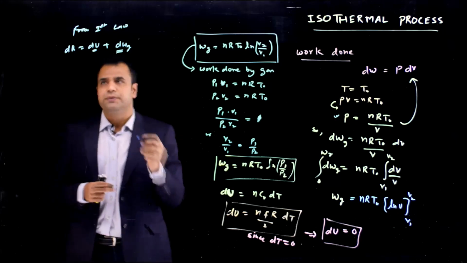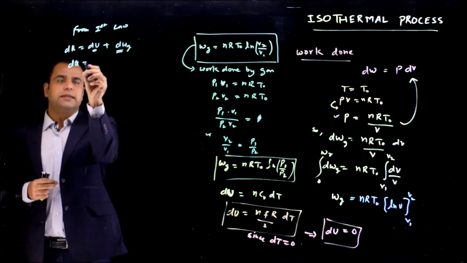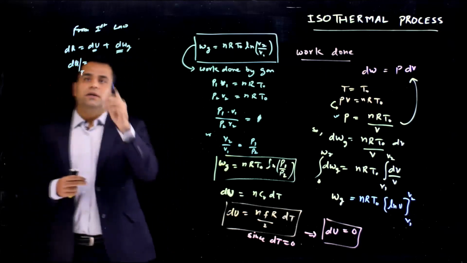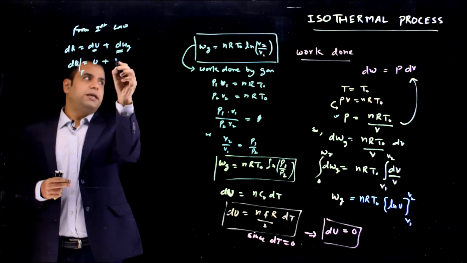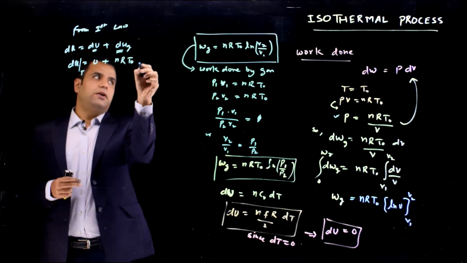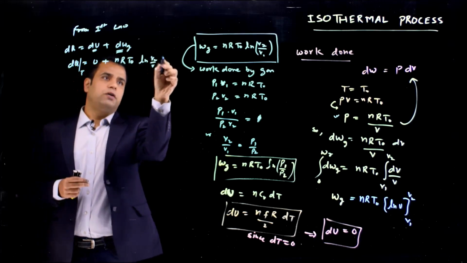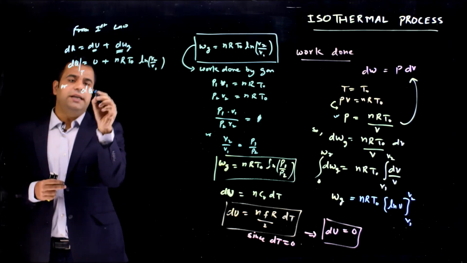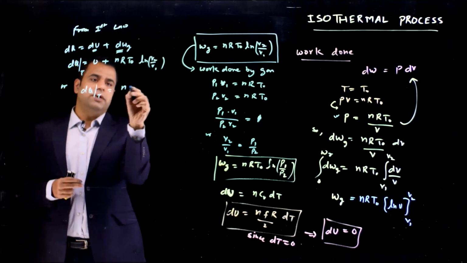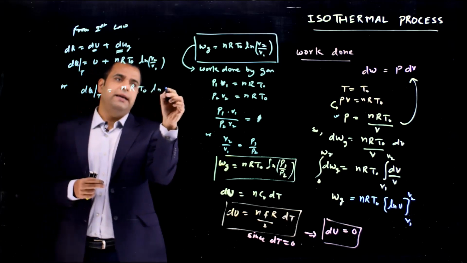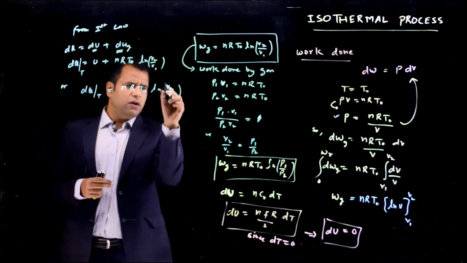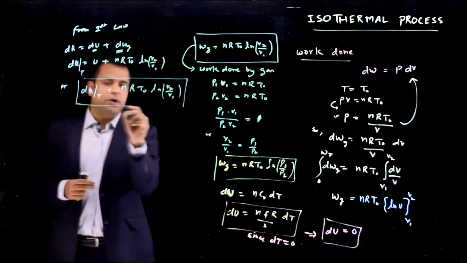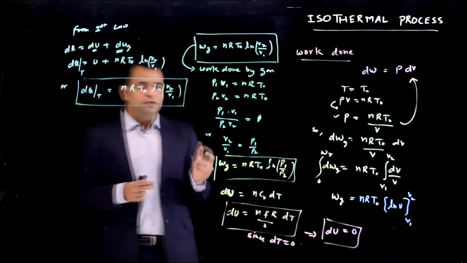Let's put the values. For the isothermal process, dQ equals 0 plus nRT naught ln V2 upon V1. Or we can say dQ equals nRT naught ln V2 upon V1, or we can have the equation in terms of pressure change also. So this is the heat given to the isothermal process.